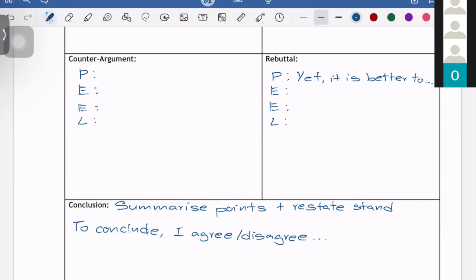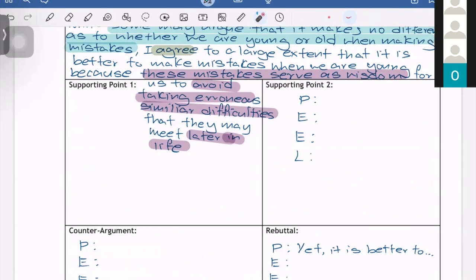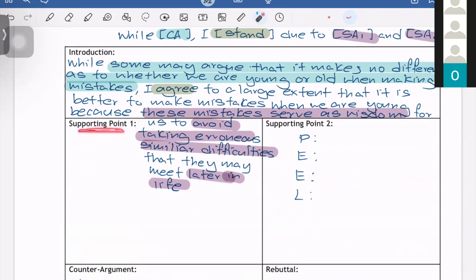So why you should include a rebuttal is because you are trying to convince your reader of your supporting points. You included this counter argument to show your reader, I have considered the opposing opinions as well. However, you still have to give a strong counter argument to this because you still want to tell them, focus on my supporting points here.